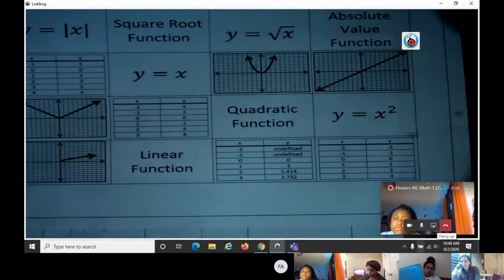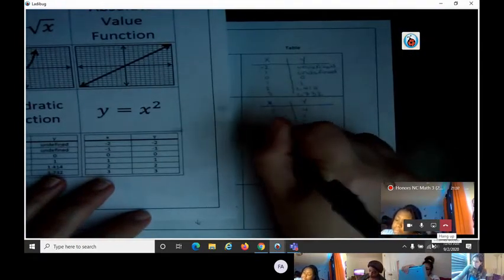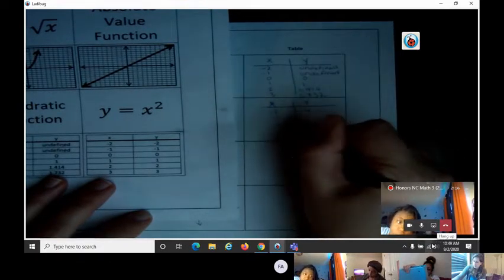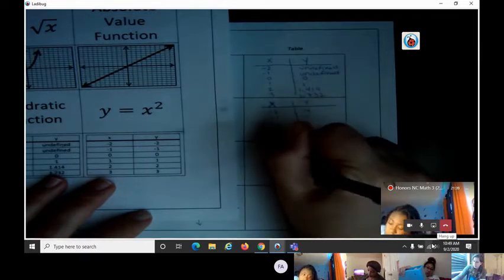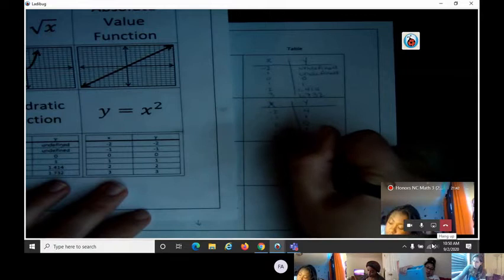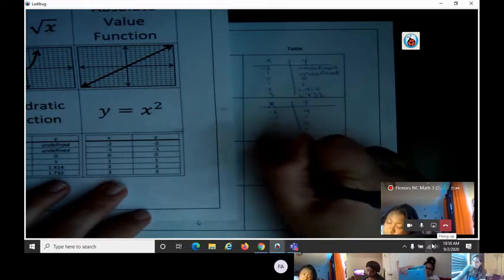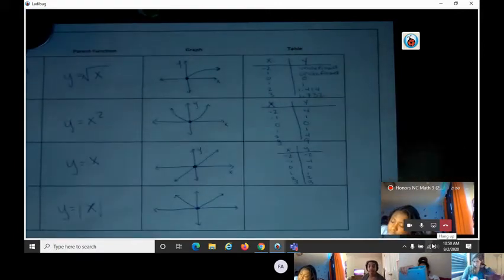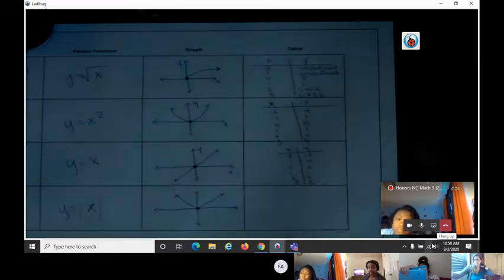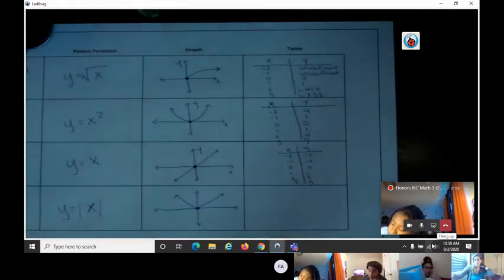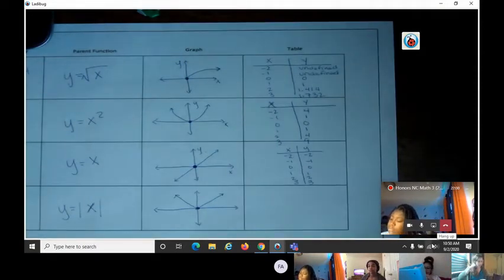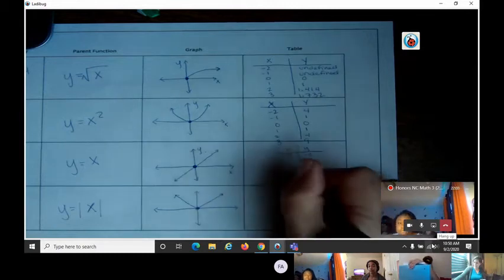Perfect. So then -2, -2. Okay, and so that leaves the final table for our absolute value.